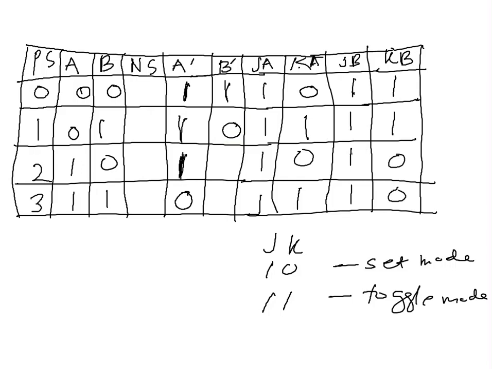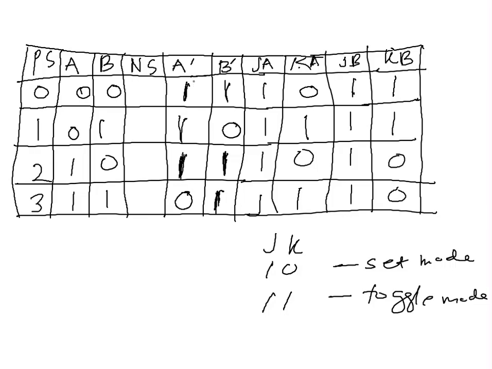This one, JB 1, KB 0, set mode. If the previous value is 0, B prime will be 1. Also this one 1, 0 set mode, previous value is 1, then B prime will remain as 1.